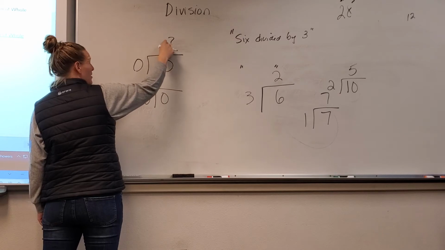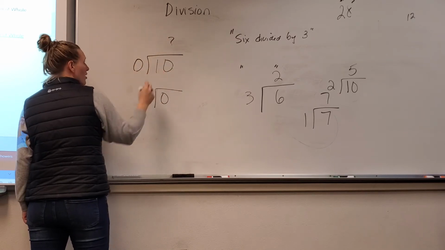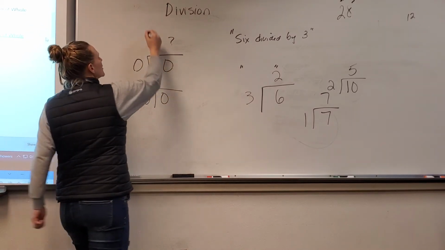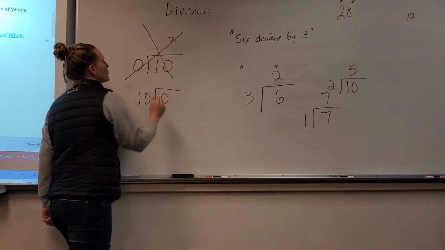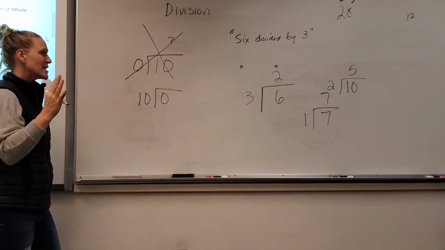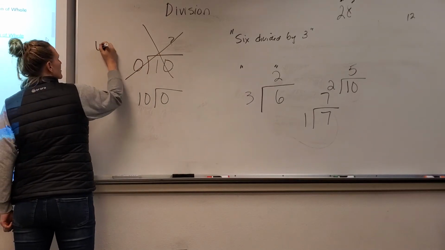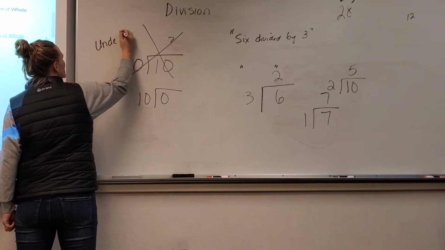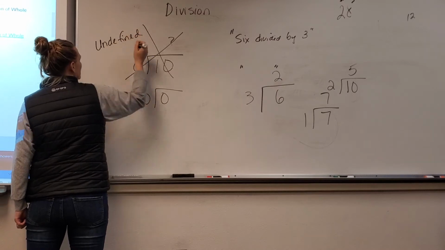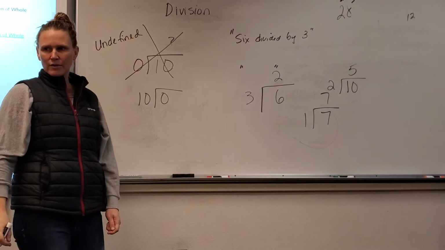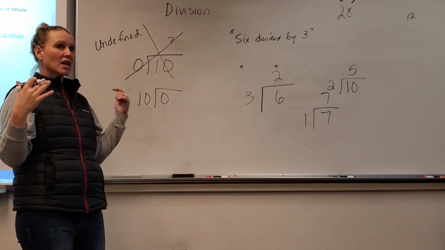If I put 10 up here, 10 times 0? 0. So this problem you can never ever do. You cannot divide by 0. This is called undefined. It means the math god will not allow it. Can't do it. Okay? Undefined.